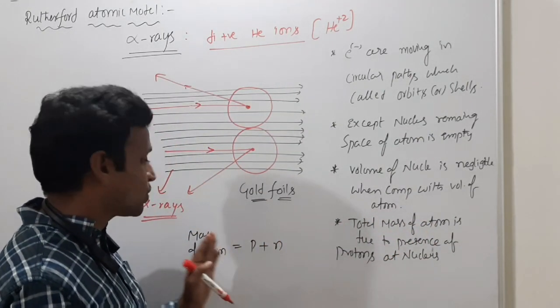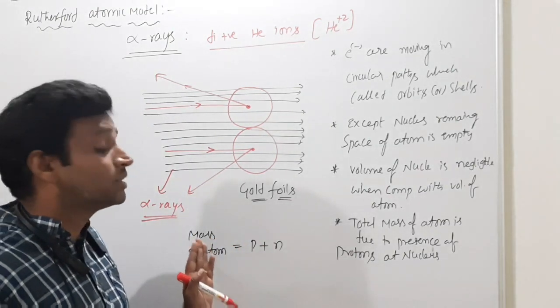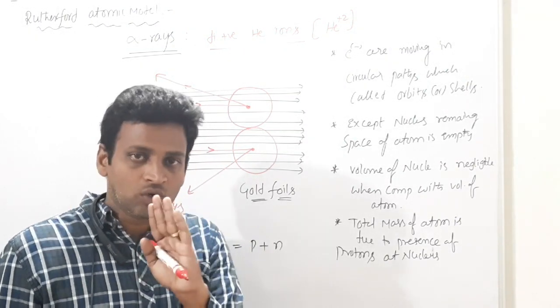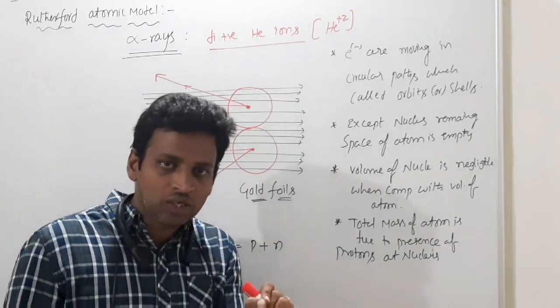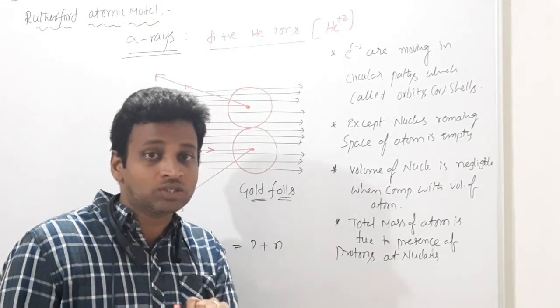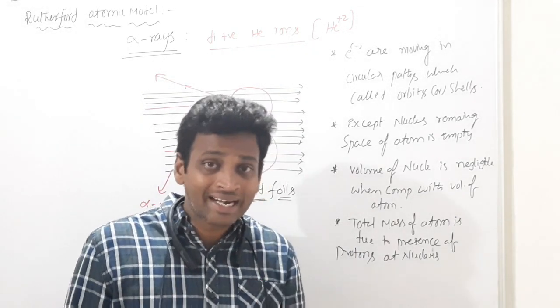But later on, Chadwick concluded that the mass of the atom is not only due to the presence of protons, but also neutrons. Neutrons do not give any charge. Charge is exclusively due to the presence of protons, but the mass of the atom is due to the presence of both protons and neutrons.